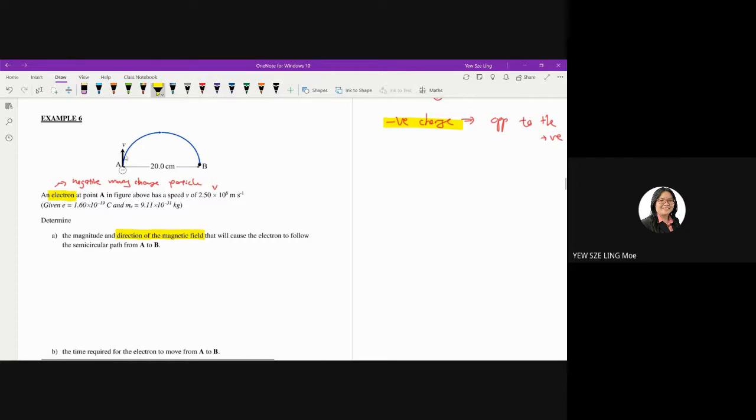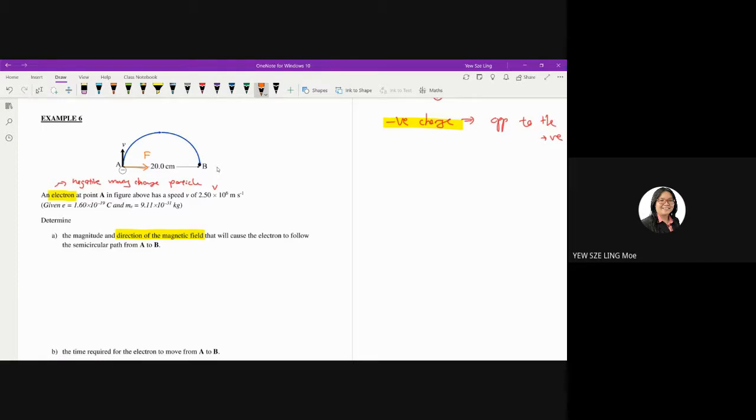Now, this is a semicircular path, a circle. Remember the things that you have learned in chapter 1, Sem 1, chapter 6. If your object is moving in a circle, it means that there is a centripetal force that is heading towards the center. And the centripetal force is just the name of the net force, the force that causes the object to move in a circular motion.